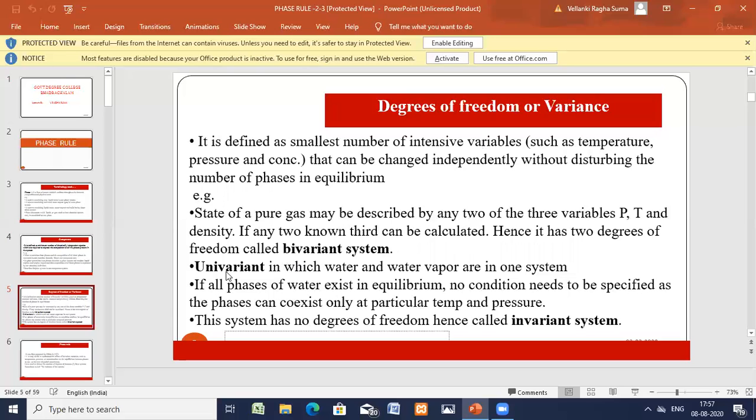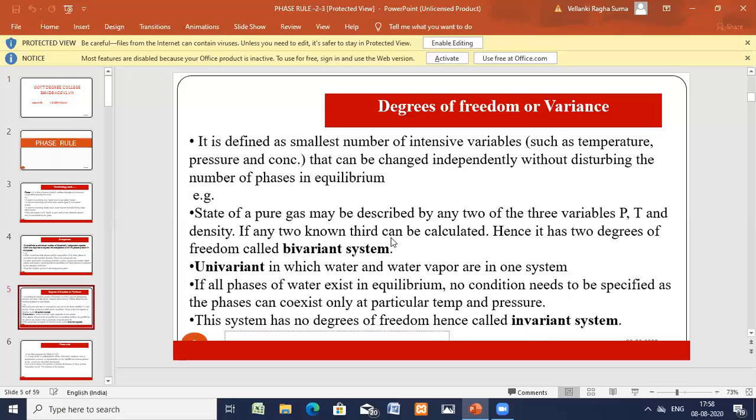If F is equal to 1, that is a univariant system, in which water and vapor are in one system. Any one variable is studied. If all the phases of water exist in equilibrium and there is no condition, F is 0, that is an invariant system. It is 0 means it is not having any condition of temperature, any condition of pressure.